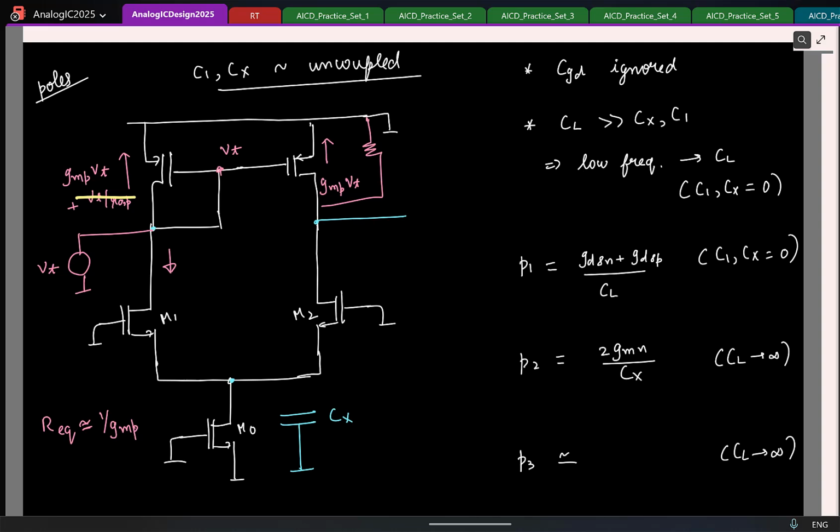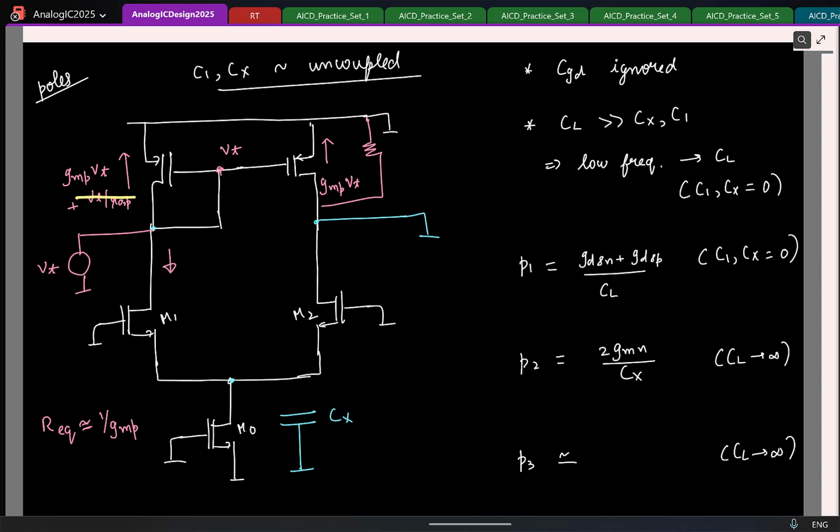This is something we saw when we looked at impedances in this circuit. So if this is not a short circuit, then a portion of this current gmp times V test will flow down. That will also add to your test current. So the resistance was not 1 by gm, it was 1 by gm into a fraction. Correct? Whereas in this particular experiment where I am shorting this output side, this will not contribute.